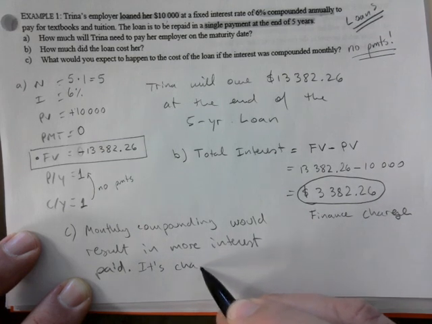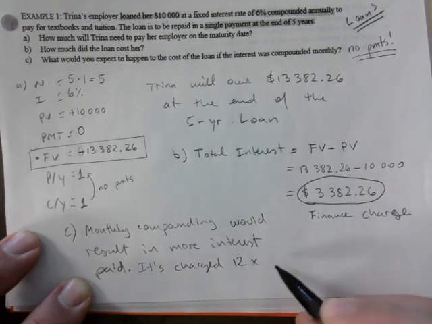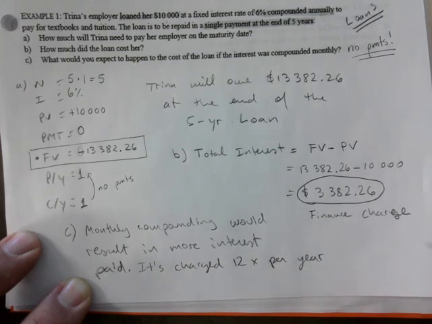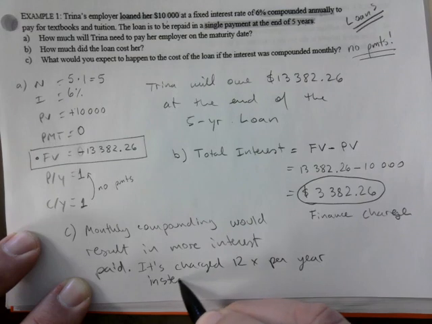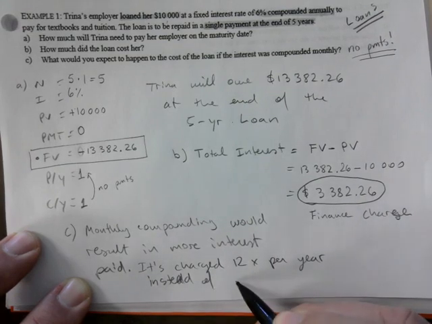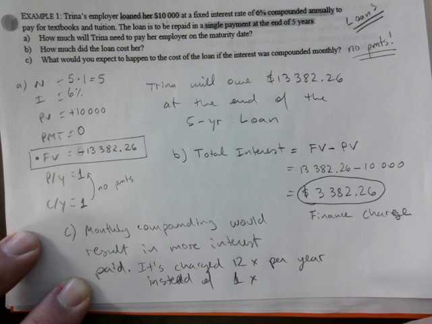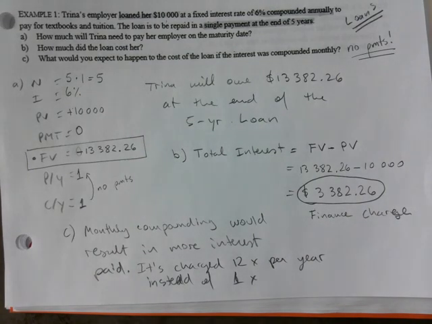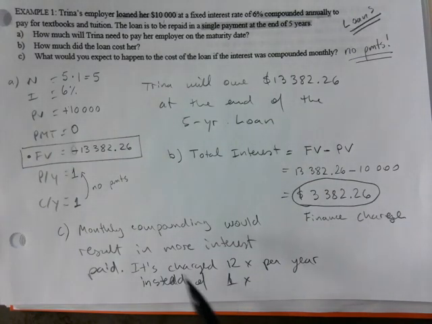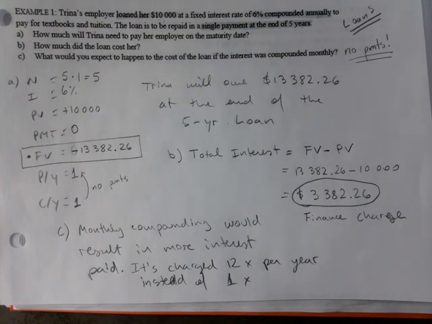It's charged 12 times per year instead of one time, which is the annual compounding. So more compounding when it comes to loans is not good. When it comes to investments, higher compounding periods are usually better. Greater compounding periods are usually better.